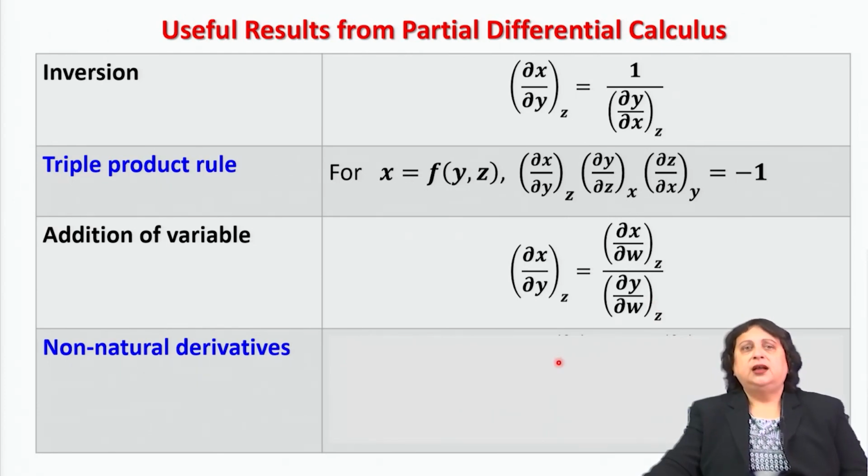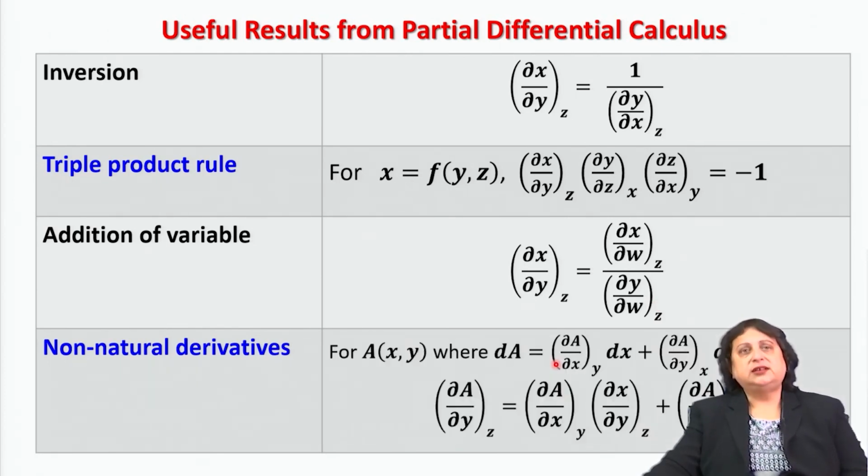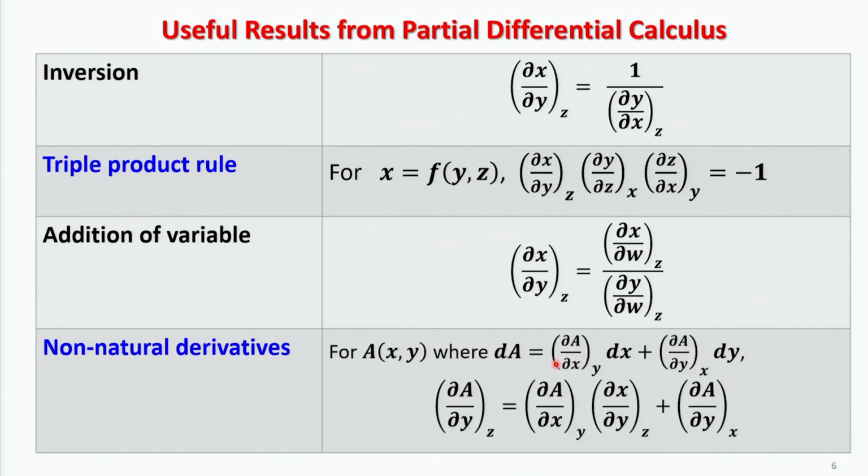And finally, the other result for non-natural variables is, if you have a function A which has x and y as its independent variables, then obviously dA, the exact differential of A, can be written down like this. Now, I am asking the question from here, can I find out what del A del y at constant z is?